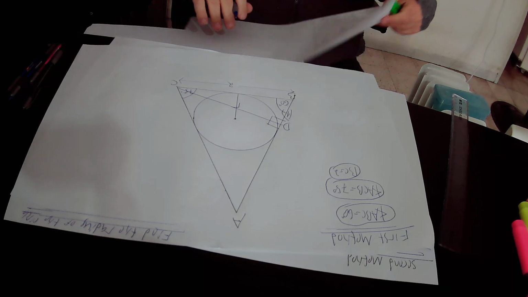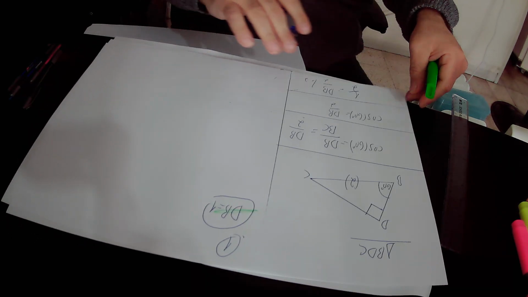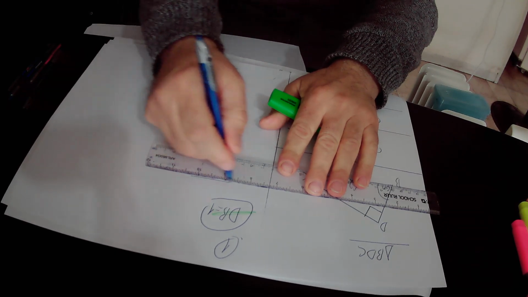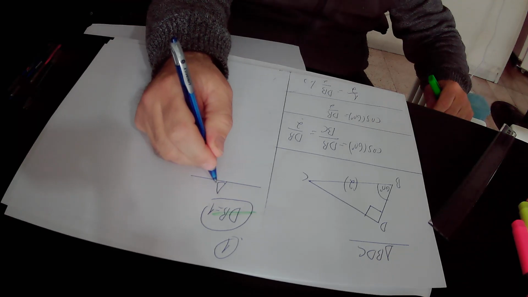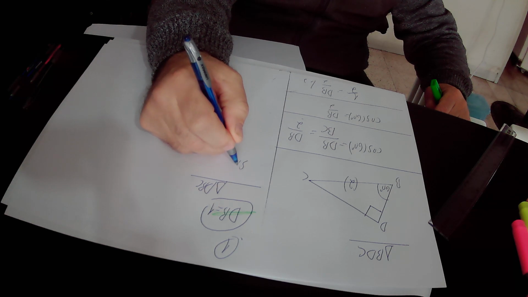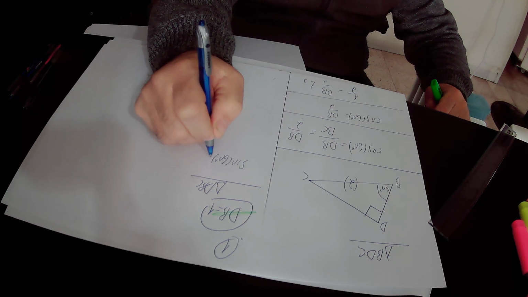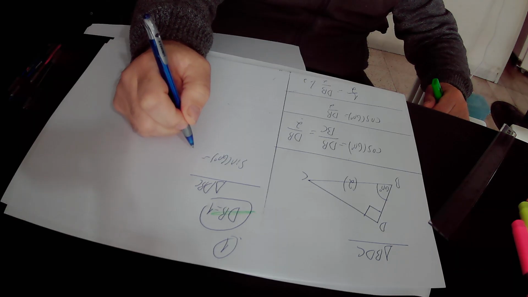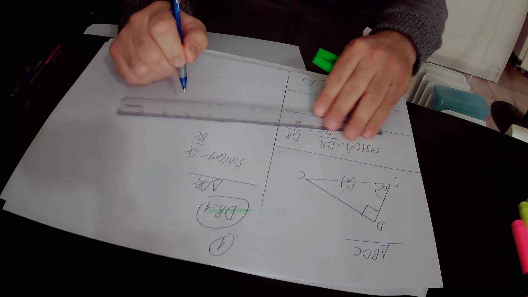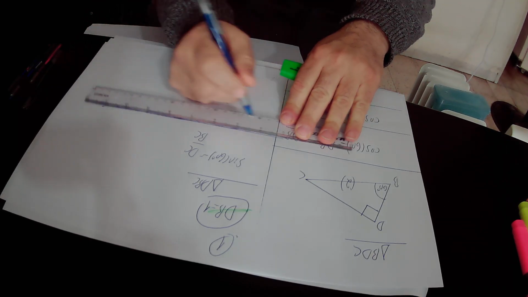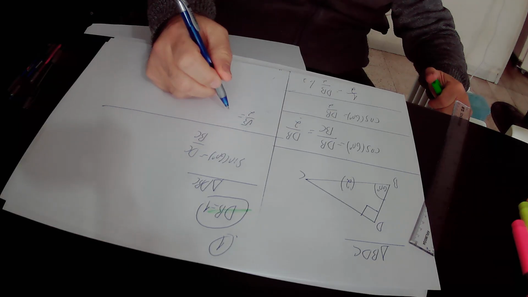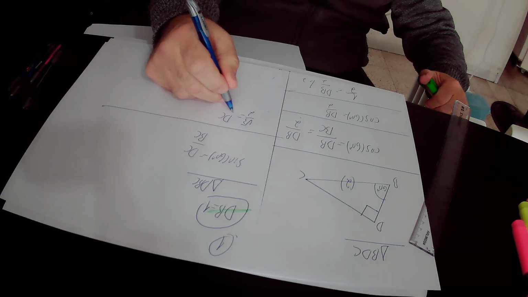We continue to focus on this right triangle DBC. On the right triangle DBC, sine 60 degrees equals DC over BC. Sine 60 degrees is equal to square root of 3 over 2, and it equals DC over BC.